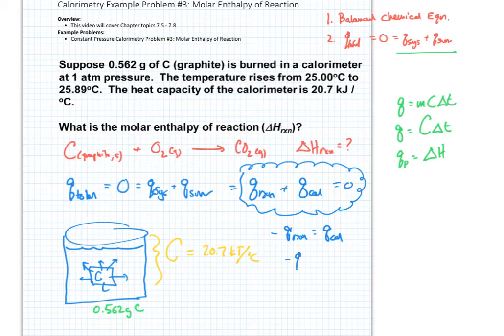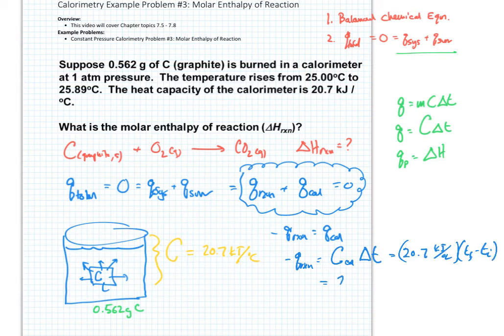So minus Q reaction is equal to the capital C of the calorimeter times delta T, which is equal to 20.7 kilojoules per degree C times T final minus T initial.